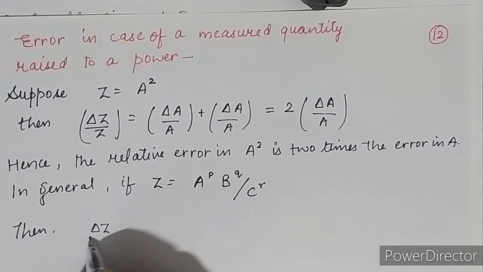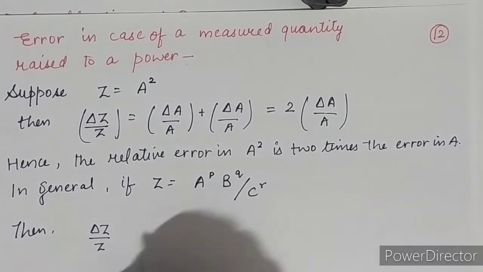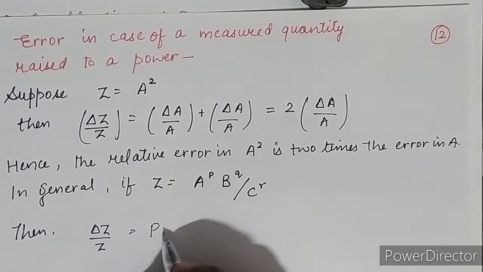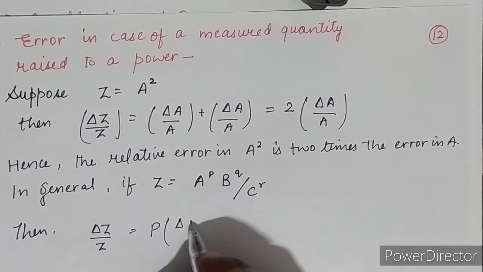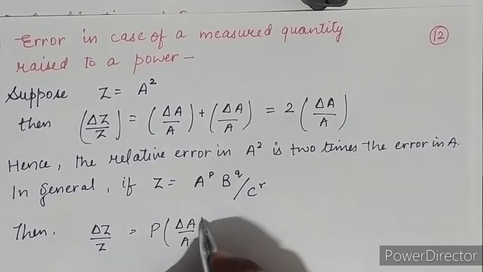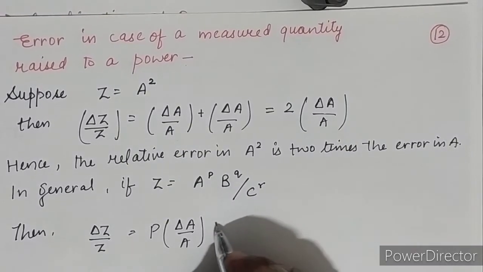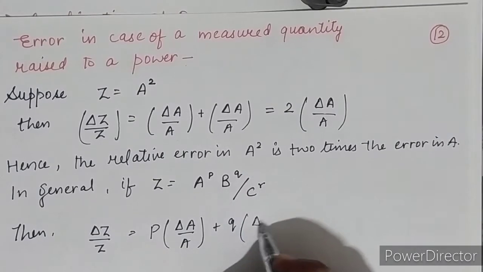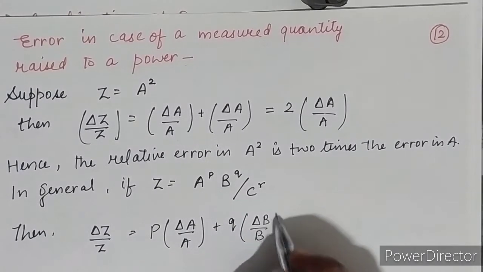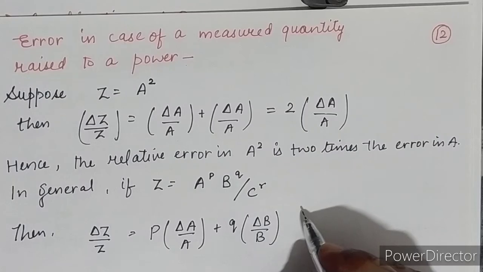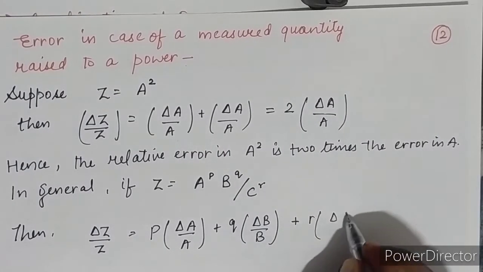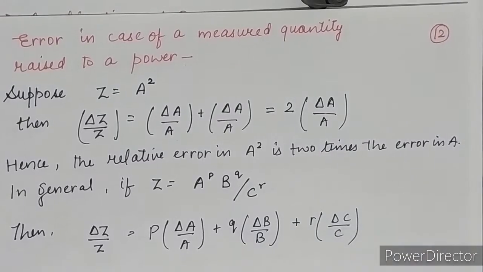Again the relative error delta z upon z: p comes in front, then the relative error of a, delta a upon a, plus q in front of delta b upon b, and again r in front of delta c upon c.